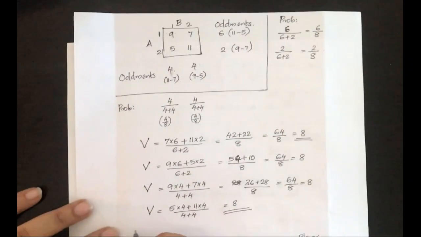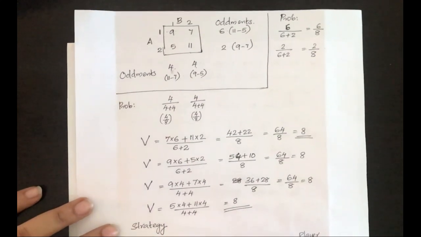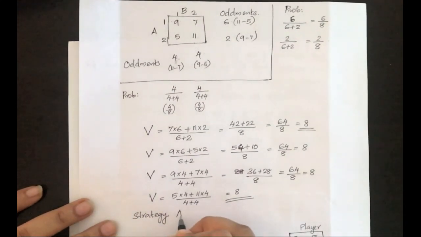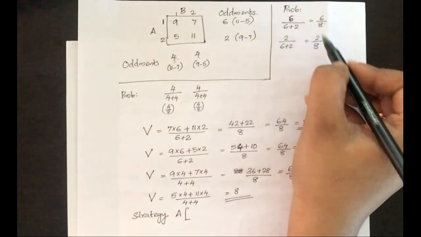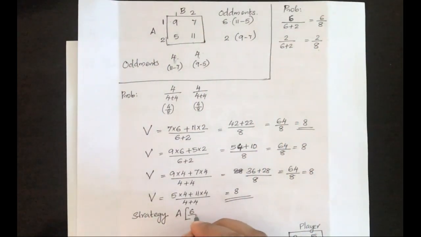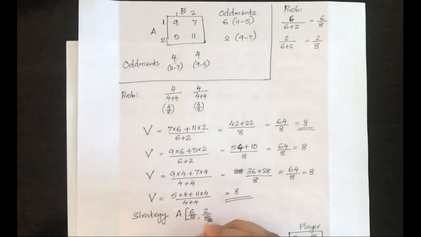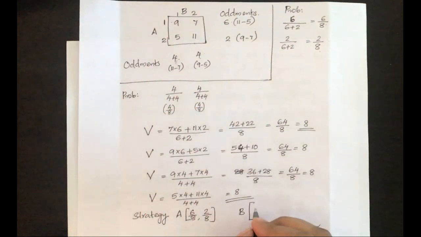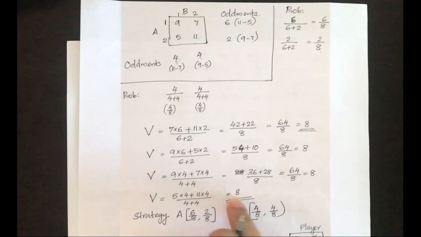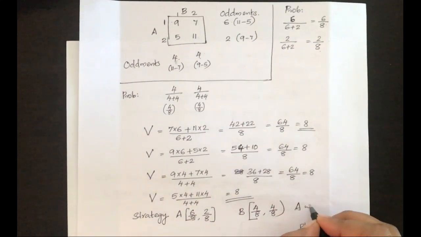So strategy of A: 6 by 8, comma 2 by 8. Strategy of B: 4 by 8, comma 4 by 8. Since the value is positive, A wins the game.